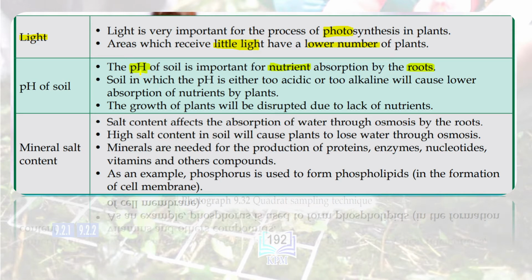So if the pH changes, whether it has become too extreme, too acidic ataupun dia menjadi too alkaline, so this is definitely going to affect the plants in the sense that it will cause the absorption of the nutrients to be much lower. Okay, jadi kita katakan pertumbuhan itu akan terganggu, disrupted, because of the lack of nutrients. Dalam kes ini kita bincang tentang tumbuhan ya.